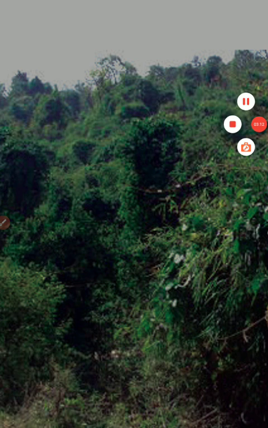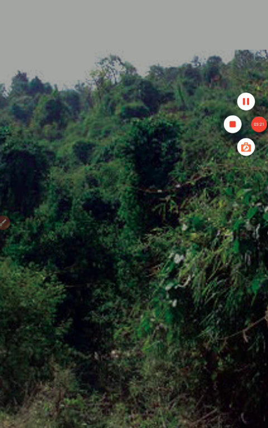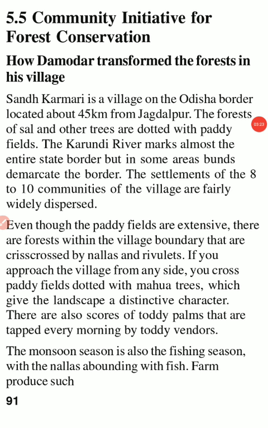Okay, now I will read through those examples, so that you will have an idea of how you, after growing up, can follow the same method and can once again re-establish the forest, re-establish the ecosystem around your village. Okay, once again, the section name is Community Initiative for Forest Conservation.